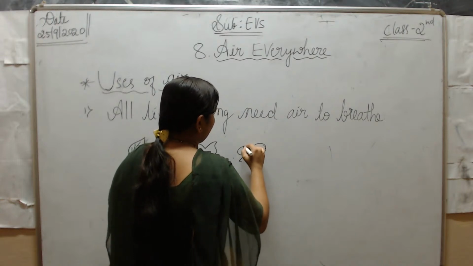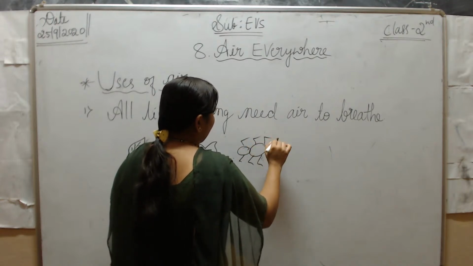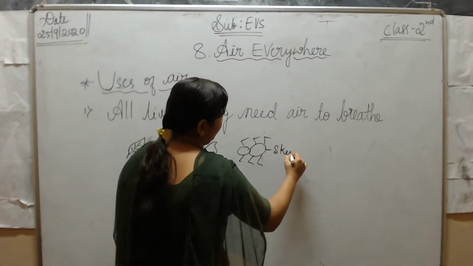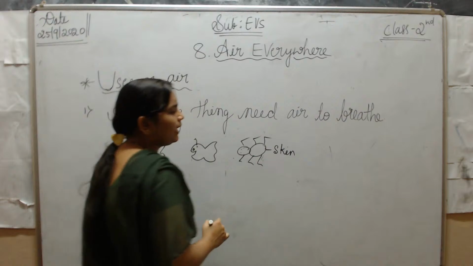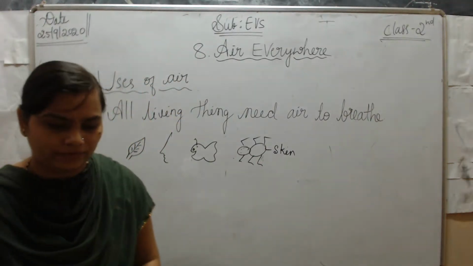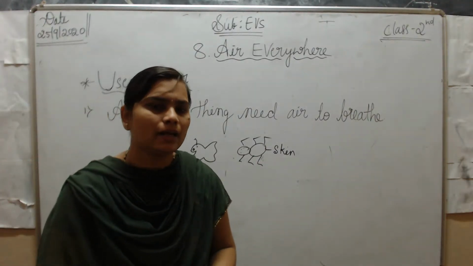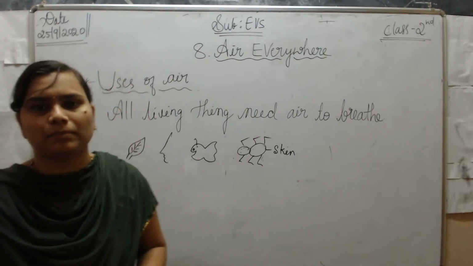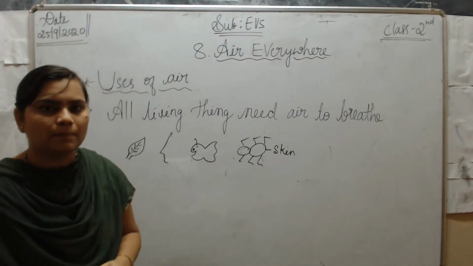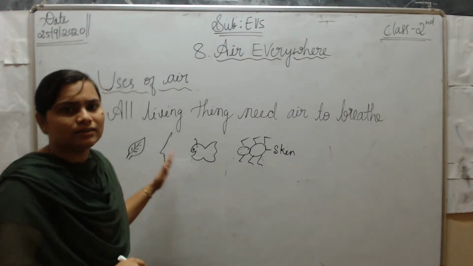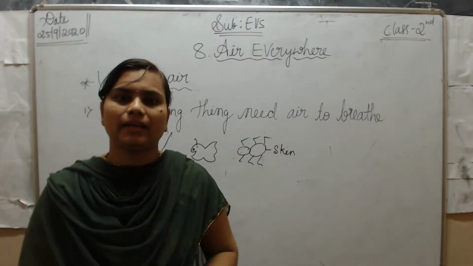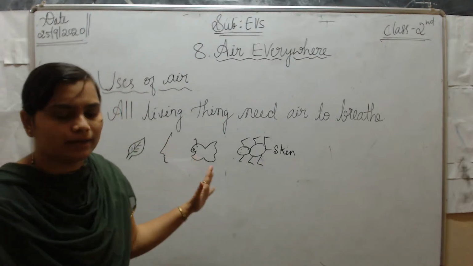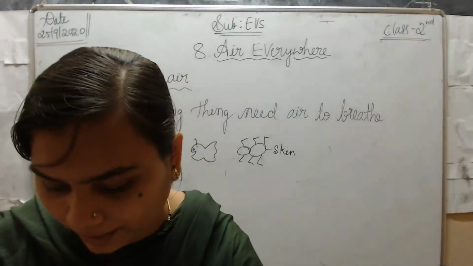In insects, what do they use to breathe? Yes, they use their skin to breathe. Like us, all living things, not only human beings but fish and plants too, need air to breathe. This is one main use of air.